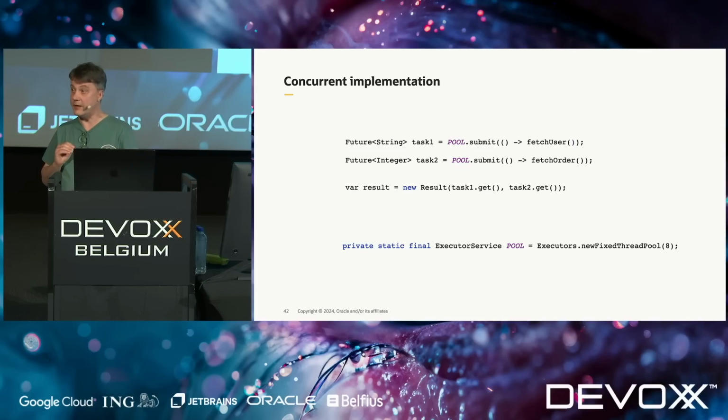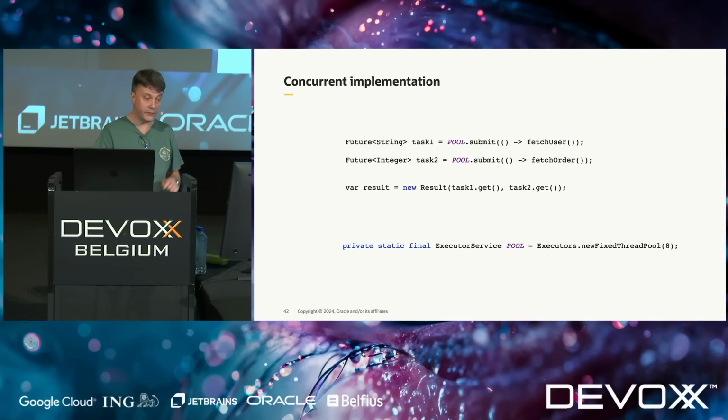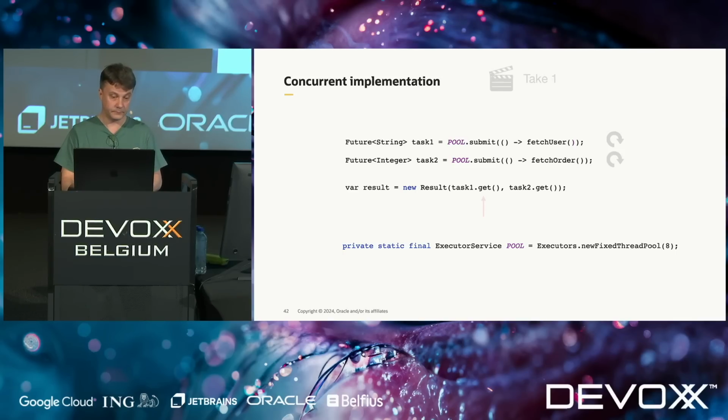So for this example, I'm going to use a thread pool. I'm going to make some of this code disappear so the slide isn't left busy in a second. But if you look down at the bottom, private static final ExecutorService pool equals Executors.newFixedThreadPool. That's creating my thread pool, essentially a pool of threads that I'm going to use to execute tasks.